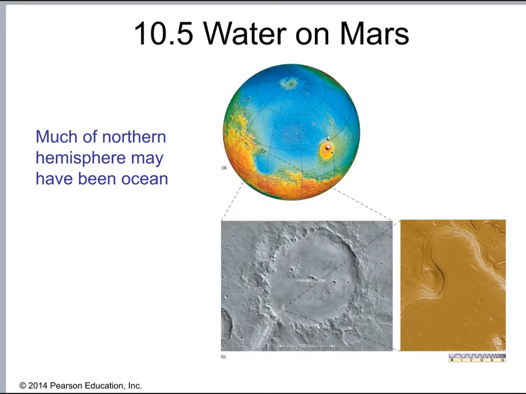But if there was water on the surface of Mars millions and millions of years ago, what happened to it? Where did it go? Part of that is what we want to talk about over the course of this video, and talk about how Mars has changed over the years.